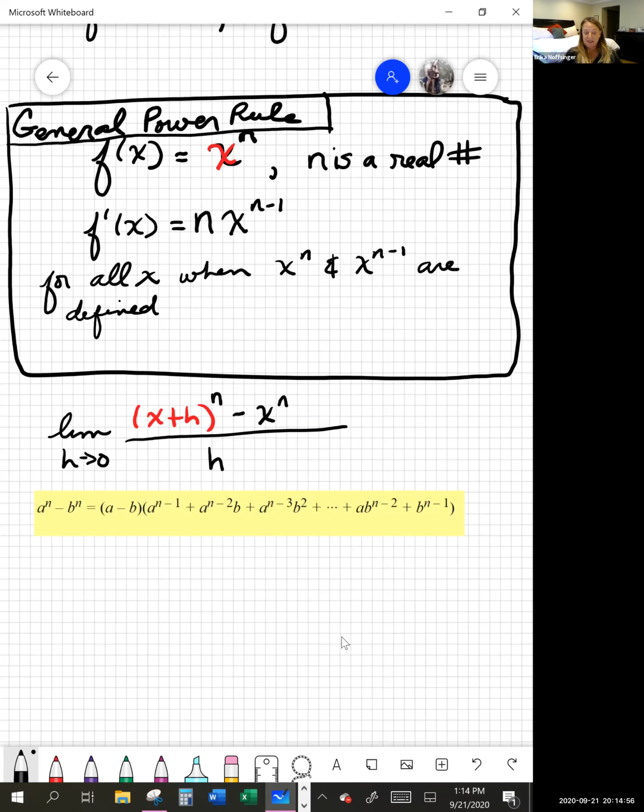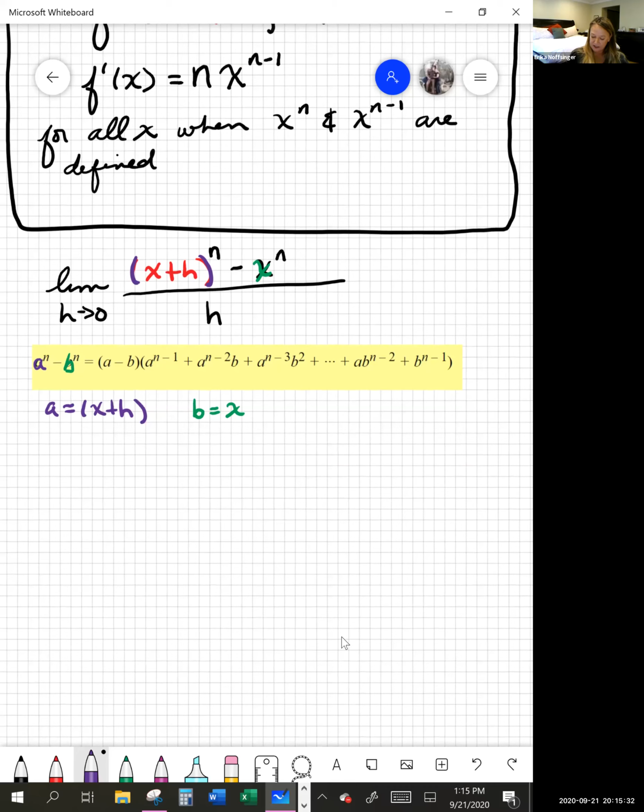So we basically have something in that form where our a value, if we were using this rule, is our x plus h, minus our b value, which in our case is our x. If we use this rule and rewrite our numerator as this factor, things are going to start coming out nicely, believe it or not.